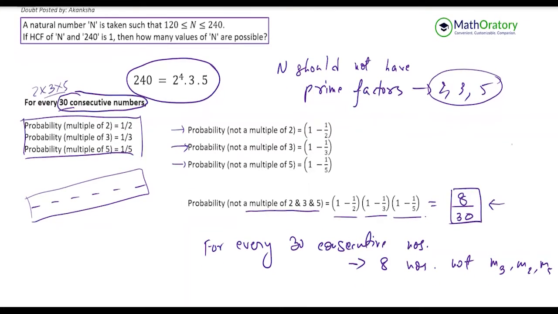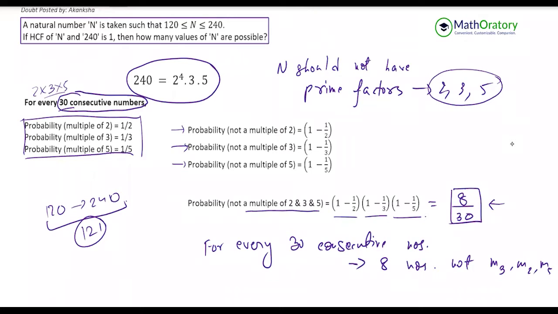So we have 120 to 240, right? In total, in this set, how many numbers will we have? From 120 to 240 we'll have a total of 121 numbers, right? But we can ignore one of them, because any which way we can see that 120 is a multiple of 2, 3, 5, and all.